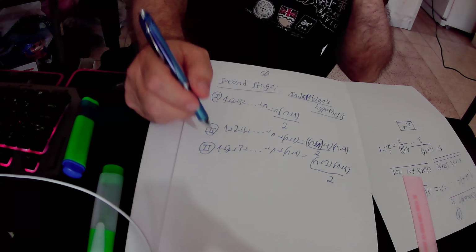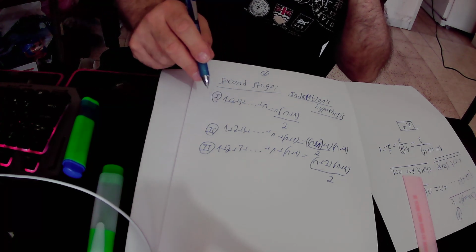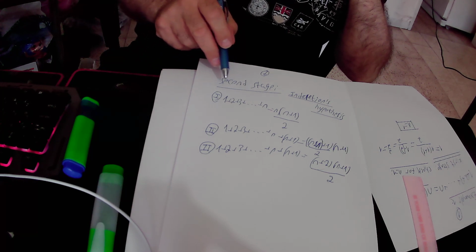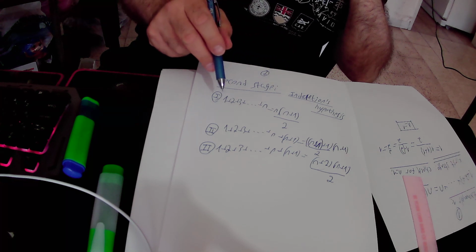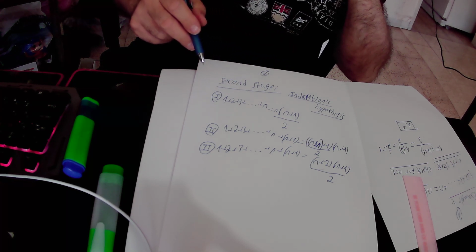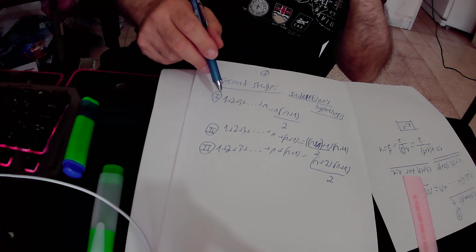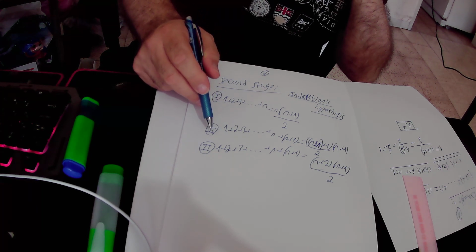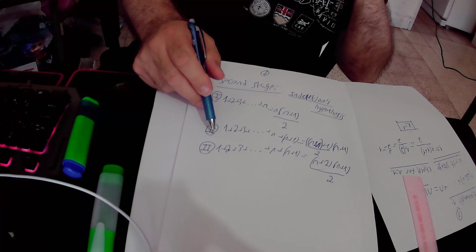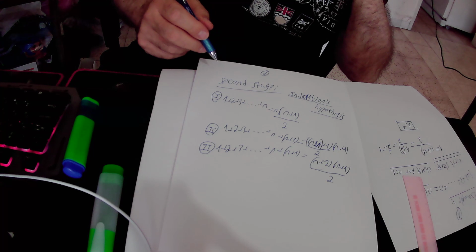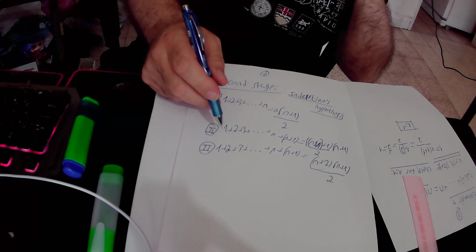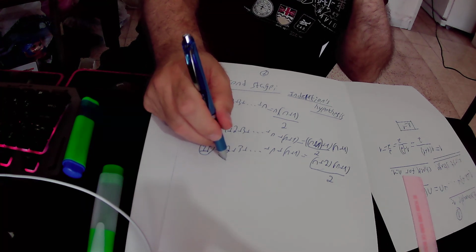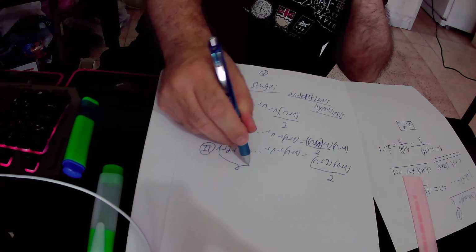Now if we assume that the first equation for n is true, and when we rely on this assumption, we have to prove that the expression for n plus 1, or equation 2, is true. So in order to prove that equation 2 is true, we should look at this expression.